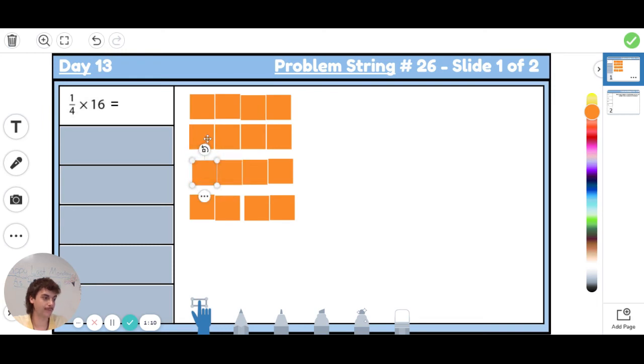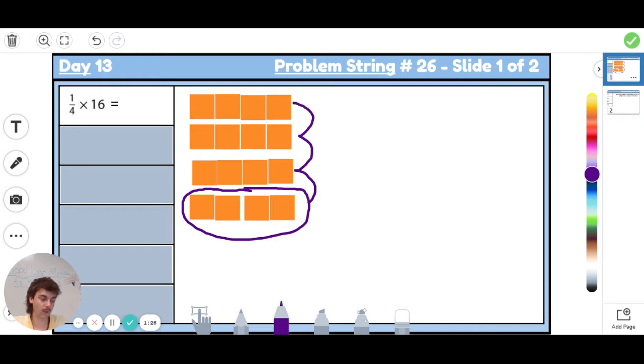So for example, something like this. So we could look at it like this is 1 out of 4 of them, because there are 1, 2, 3, and then 4 in total. There are 4 groups of 4. So that's one way that you could have looked at it.